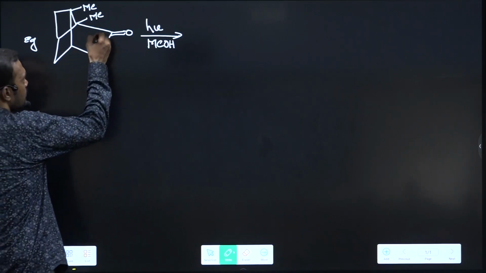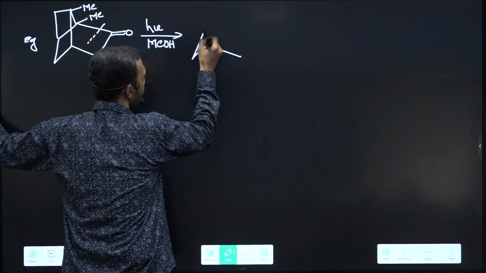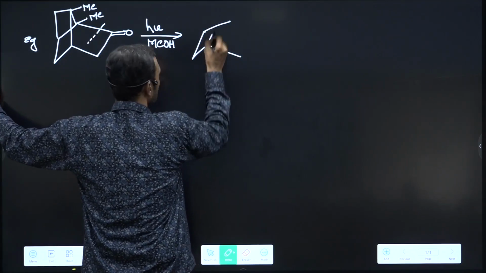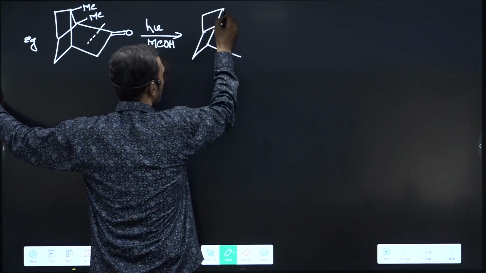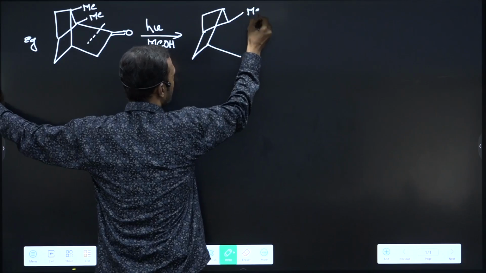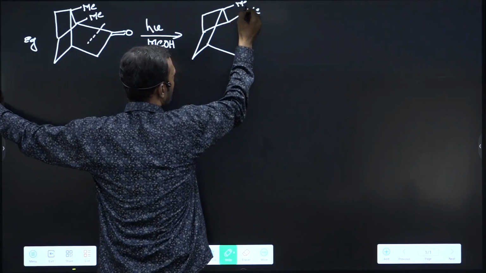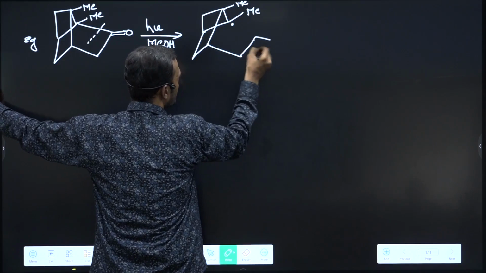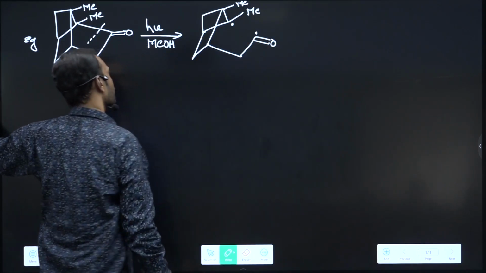Can I break this? Here it is methyl, and here also one more methyl. Here radical. This is acyl radical.